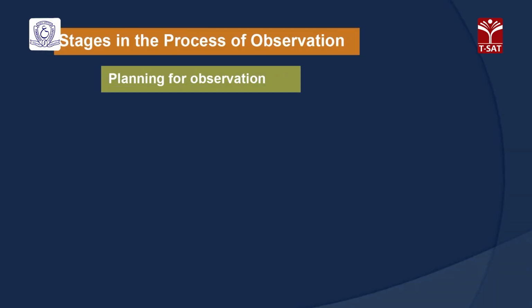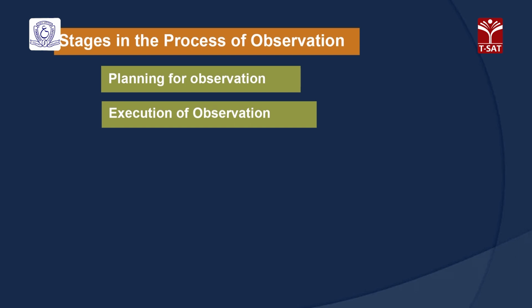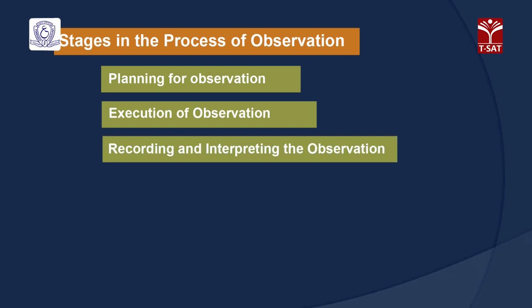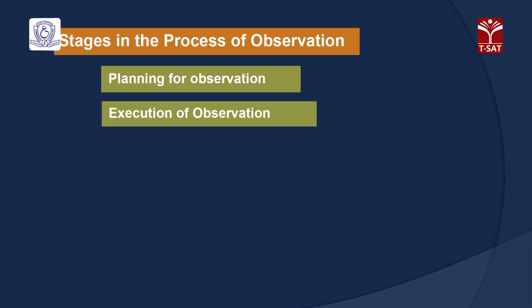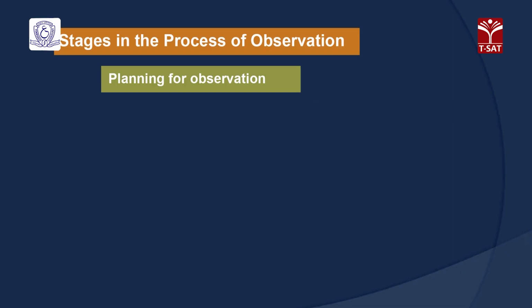Now, we will understand the various stages in the process of observation. As a good research technique, observation needs proper planning, expert execution and adequate recording and interpretation. The first stage of observation is planning for observation.